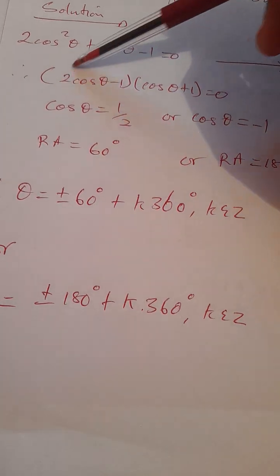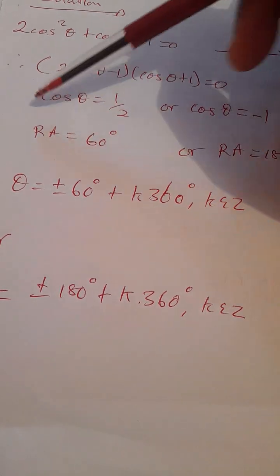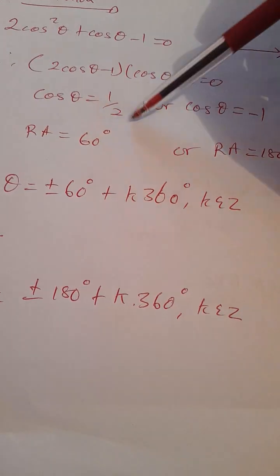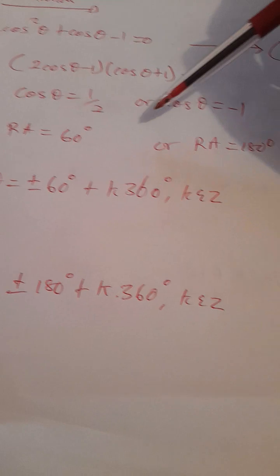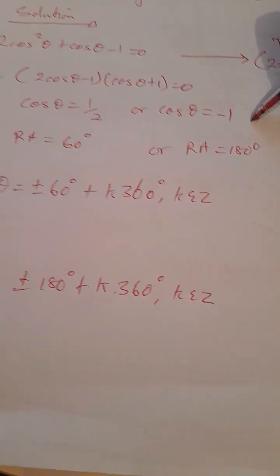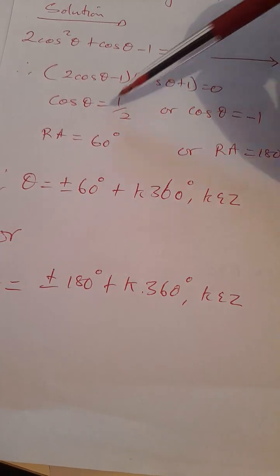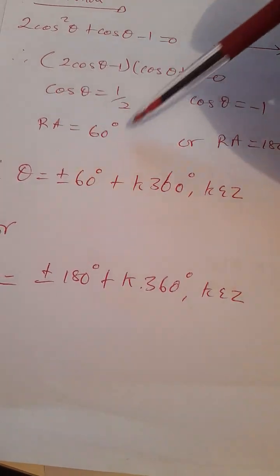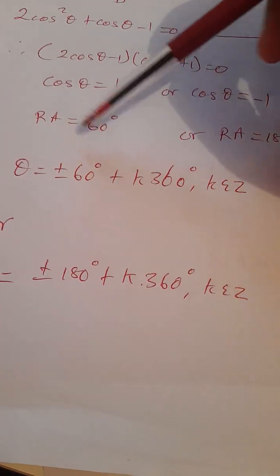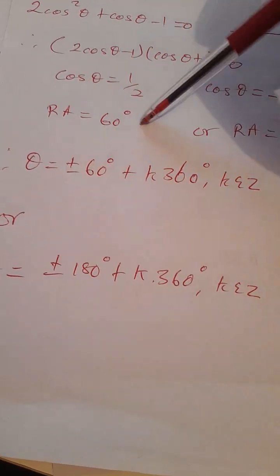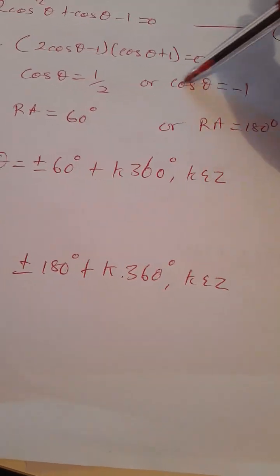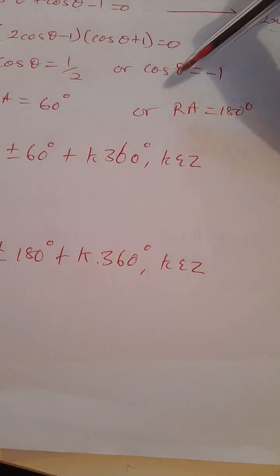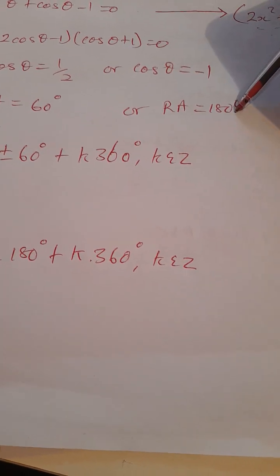So make cos theta the subject of the formula. So cos theta is half, or cos theta is minus 1. Now that you've found the values of cos theta, the reference angle for this one is a special angle: RA is equal to 60 degrees. And for minus 1, second function, cos inverse of minus 1, you get 180.